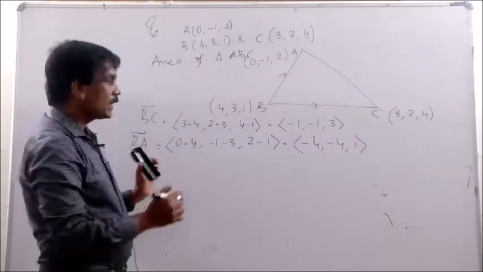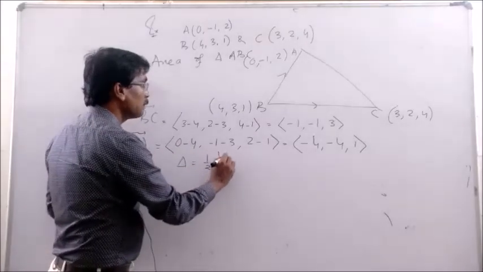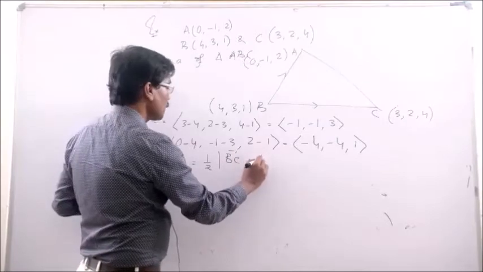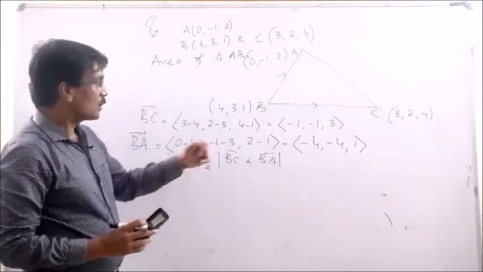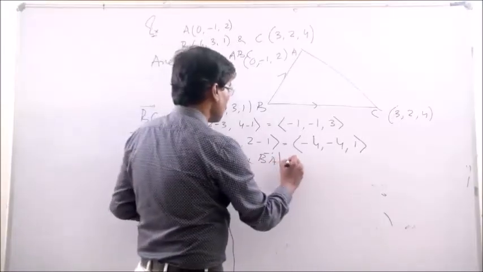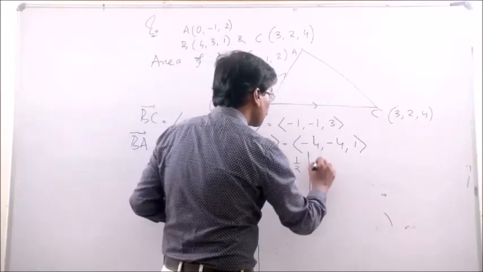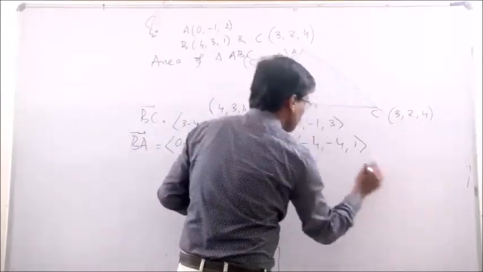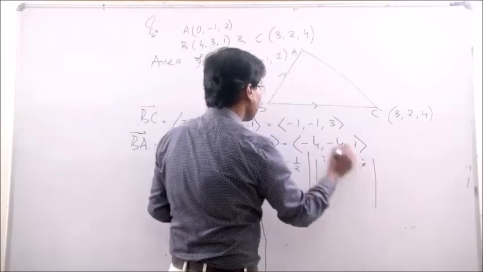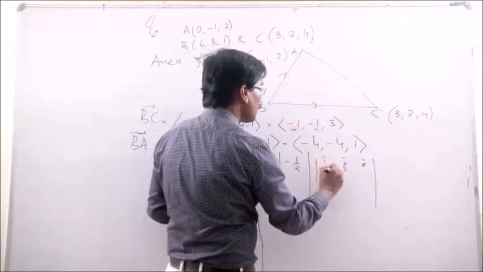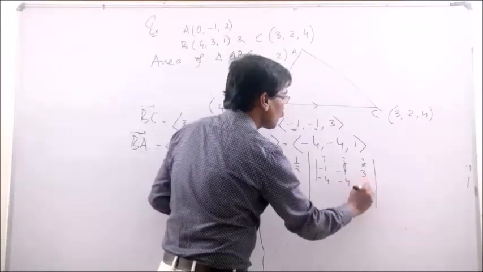So area of triangle is equal to half into BC cross BA, as two consecutive sides. So that is equal to half the magnitude of the determinant, first i cap, j cap, k cap, BC component wise is -1, -1, 3, and -4, -4, 1.